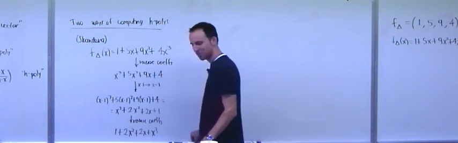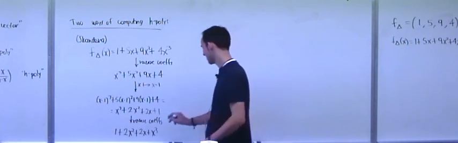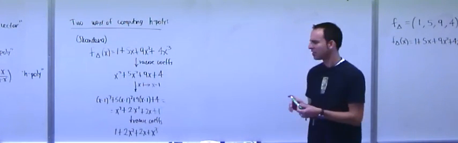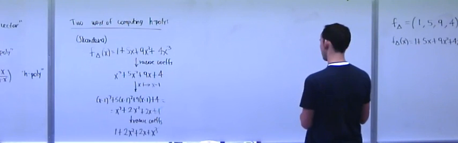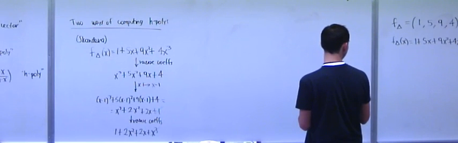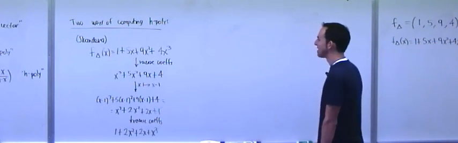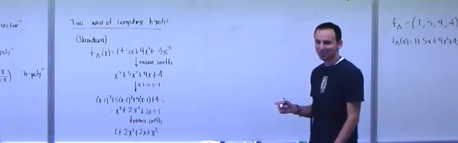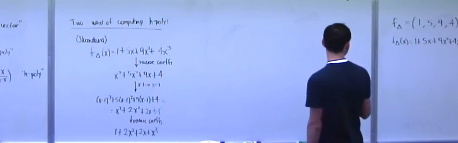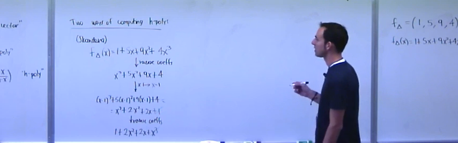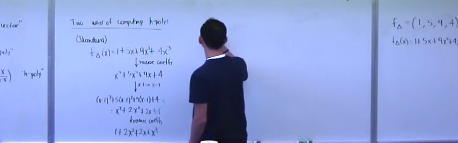And so somehow we don't really want this, which means something went wrong along the way. Anyway, we'll see what went wrong. Is the f vector right? Well, we'll see. So I'll show you the other method.